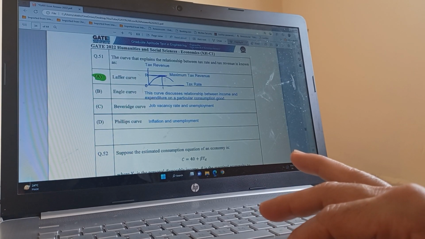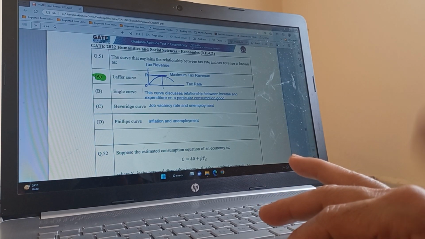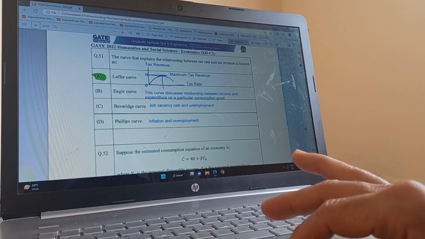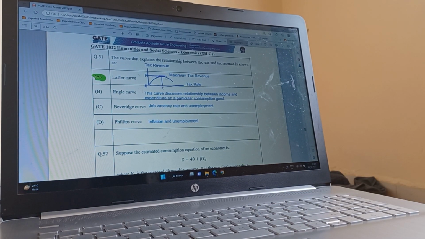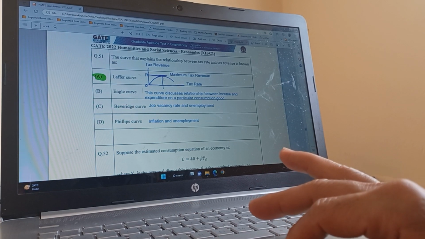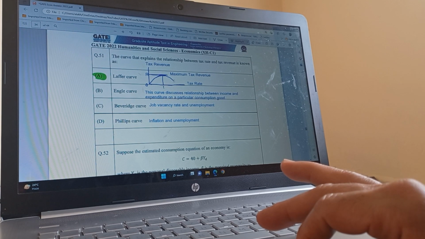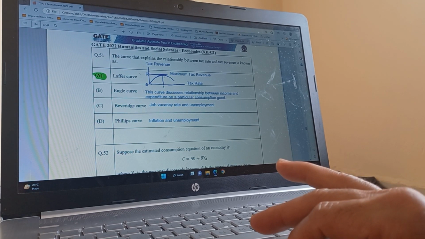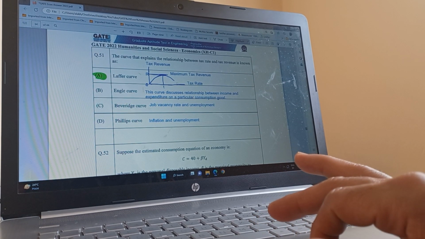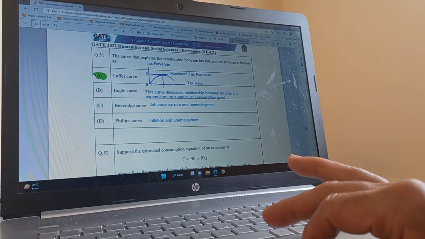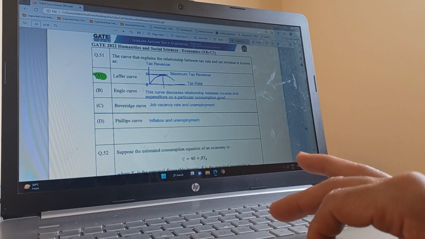Also, people try to avoid taxes, meaning they don't want to comply with tax laws, because they say the benefit of avoiding taxes is more than the cost of being caught. So many people, especially high earners, either leave the country to avoid taxes, or use chartered accountants to pay less taxes. So that way, beyond a point, tax revenue collection begins to decline.